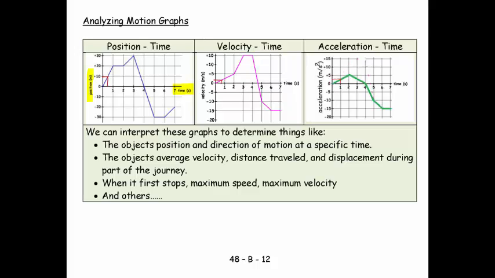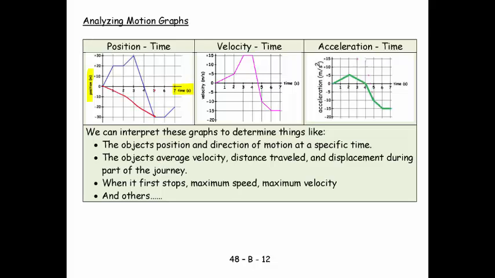Fair enough. Let's go to the next stage. Well, what does the slope give us? Well, clearly the slope on this left-hand position versus time graph gives me meters per second, which is velocity. So I can read the average velocity for the first second. I could read the average velocity for the first 5 seconds.